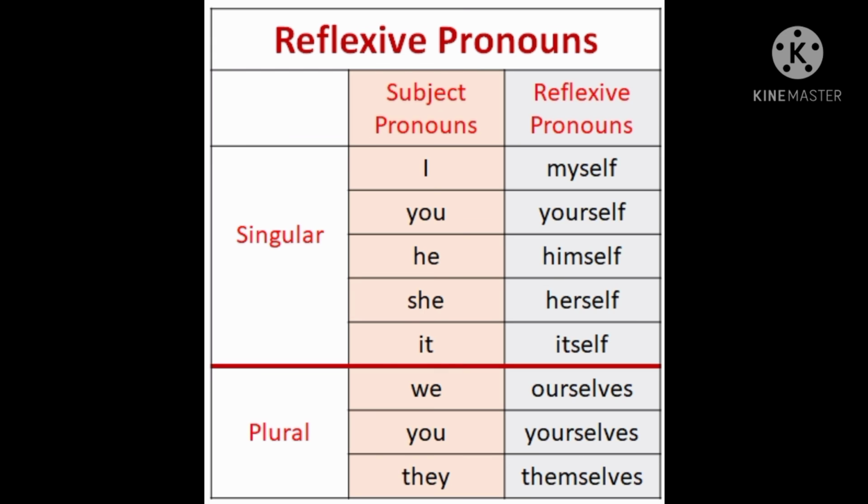Now a confusion may arise here with the pronoun you. Students, you can work both as singular and plural form. If the you is singular, we need to use yourself. But if we are referring to you as plural, then definitely we need to use yourselves.